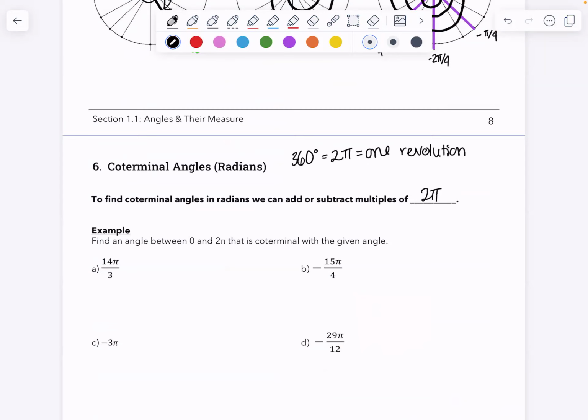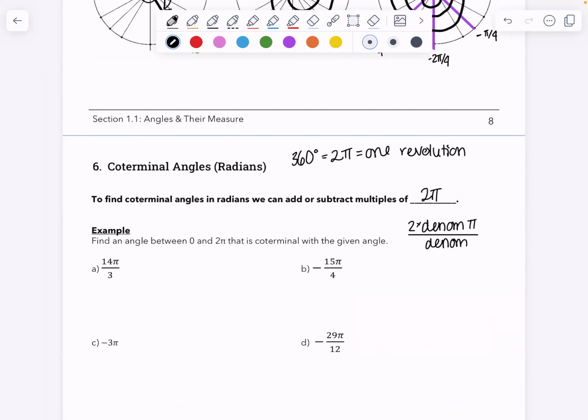Here's where I want you to start getting good at some fraction mental math, because you're going to be doing a lot of adding and subtracting of 2 pi's. A really easy way to do this is to make 2 pi into a fraction in your head. It's so simple, because it's just 2 times the denominator, pi over the denominator.